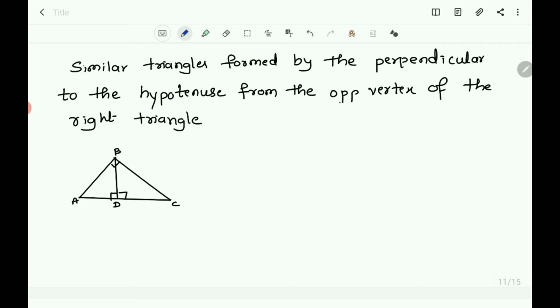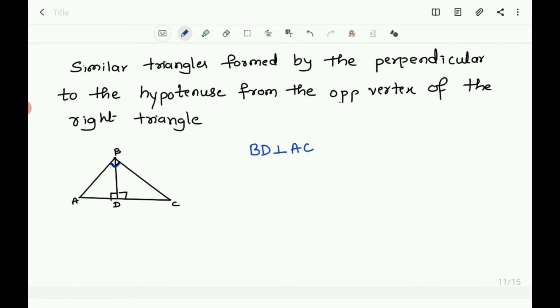If you have the right angle triangle ABC, here angle B is the right angle and AC is the hypotenuse. And here BD is drawn perpendicular to AC. Now you will get two more triangles. After drawing the perpendicular BD to AC, you will get two more triangles.